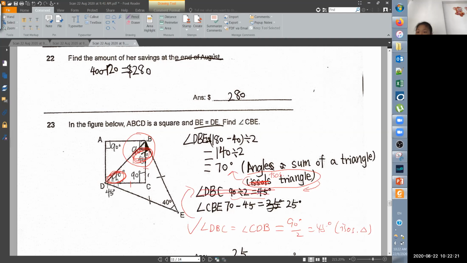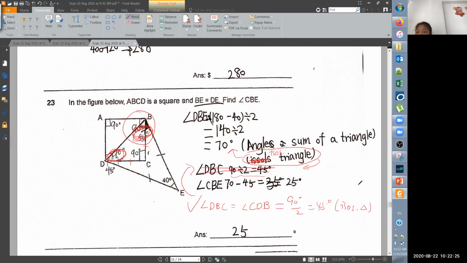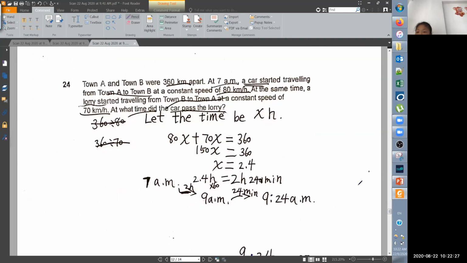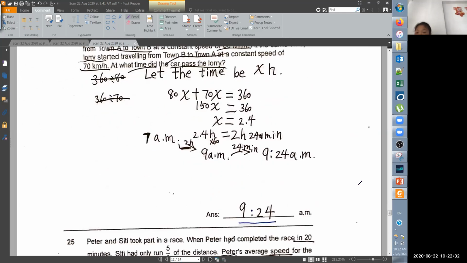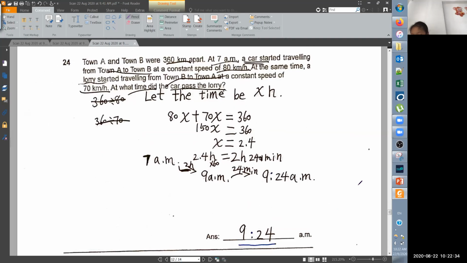Okay. Good. Next. Let X be the time. Okay, good. Yeah, over here you need to be very, very careful about this. Just want to caution you, 2.4 hour, right? Over here you want to express it in hour and minute.